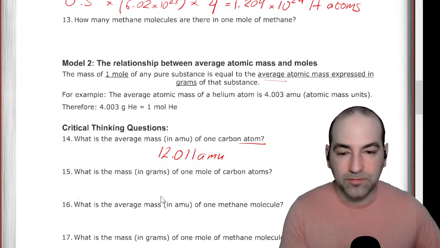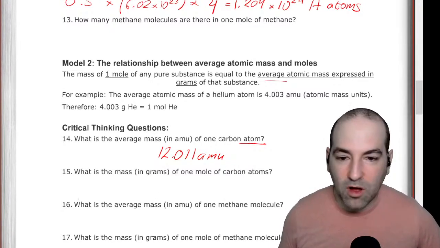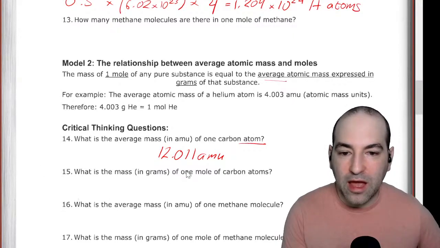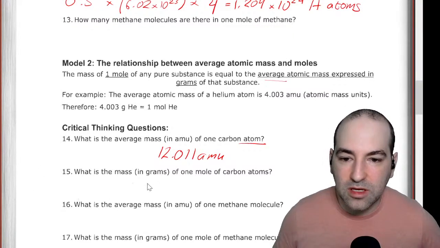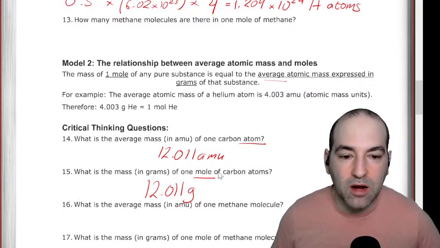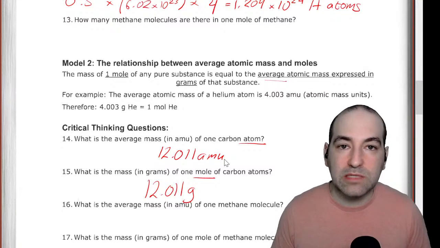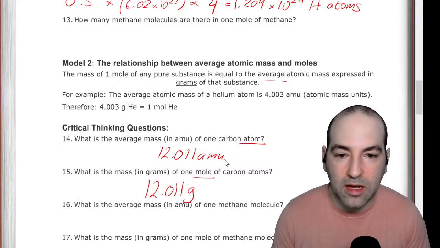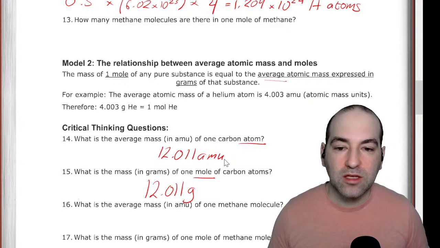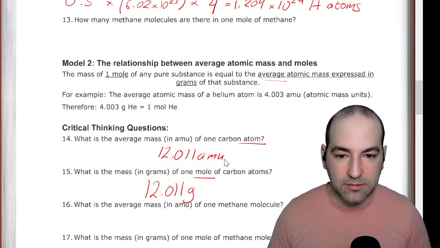But also, and this is one of the reasons it's so useful, the mass in grams of 1 mole of carbon atoms is 12.011 grams. So if we're talking about a mole, a whole big batch of 6.02 times 10 to the 23rd carbon atoms, that weighs 12.011 grams.